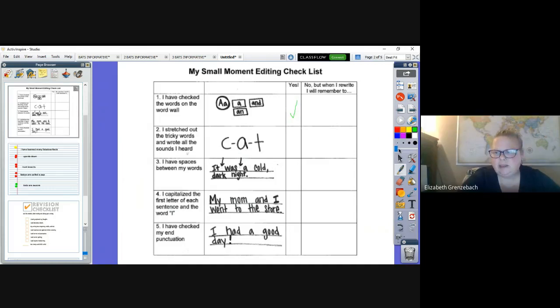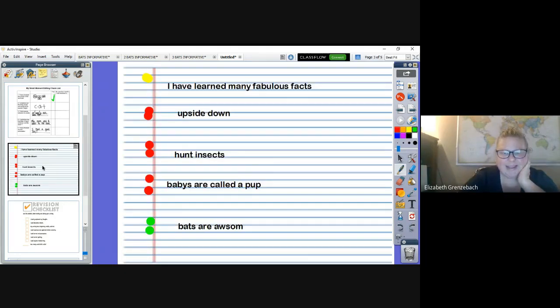That's so skinny. Sorry. Okay. I stretched out the tricky words and wrote all the sounds I heard. Well, the only way to check that is to reread. So let's reread. I have learned many fabulous facts.